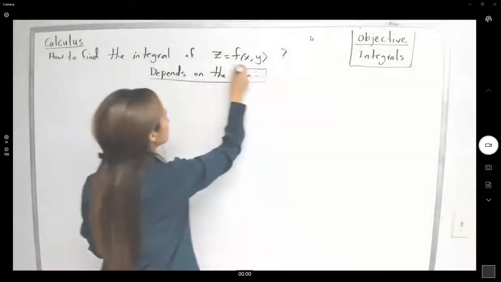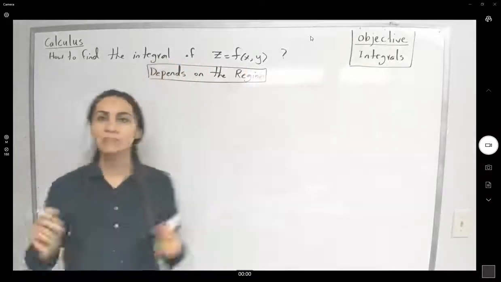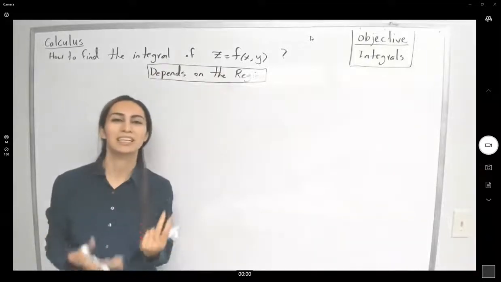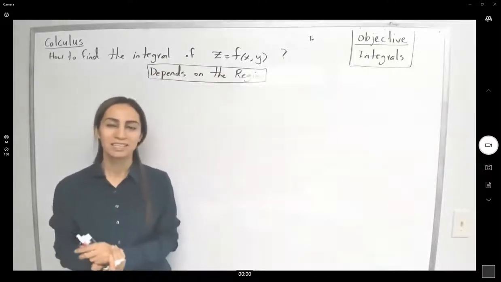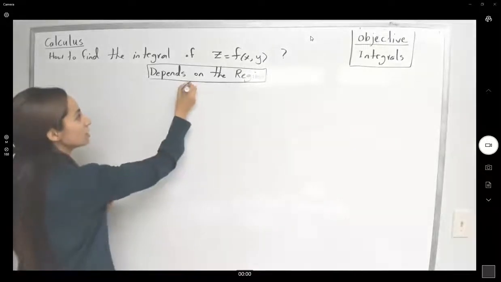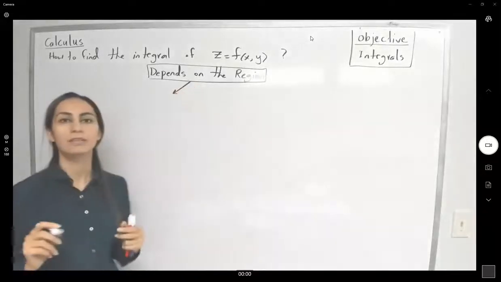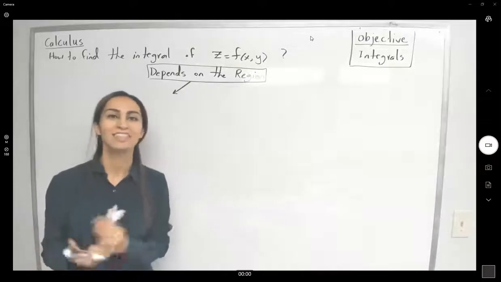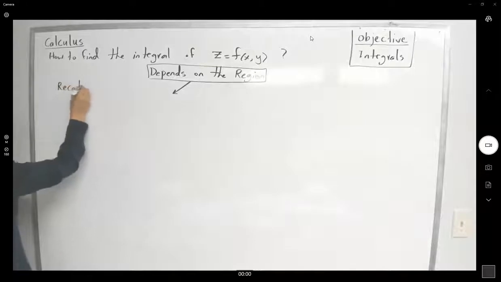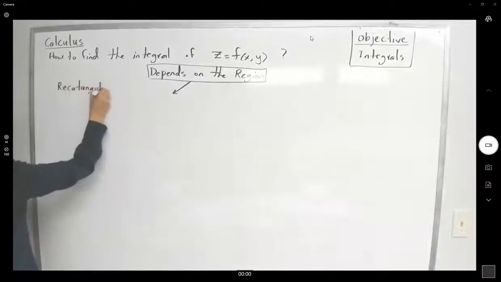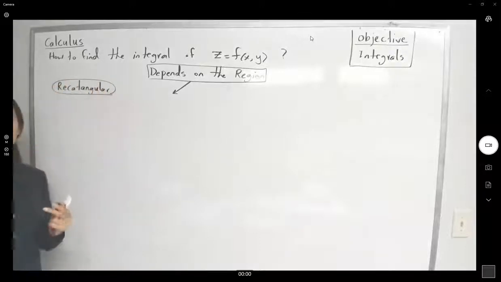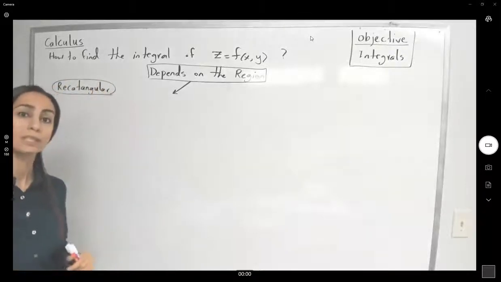What do I mean by that? We can divide up the region that we are taking the integral over into two specific forms. The first one is just called a rectangular region. If you have a rectangular region, what's the meaning of that?